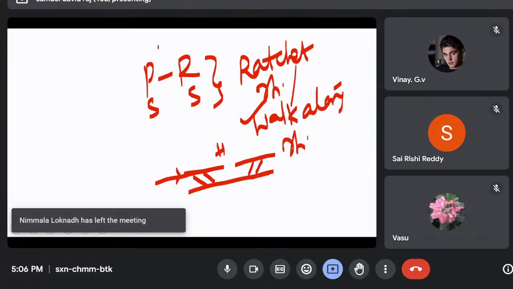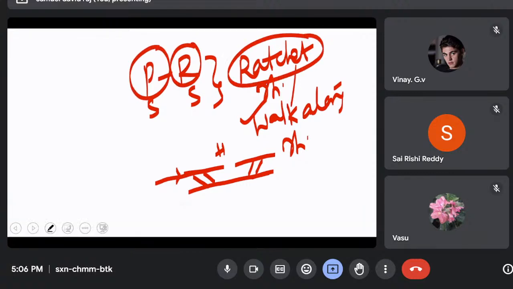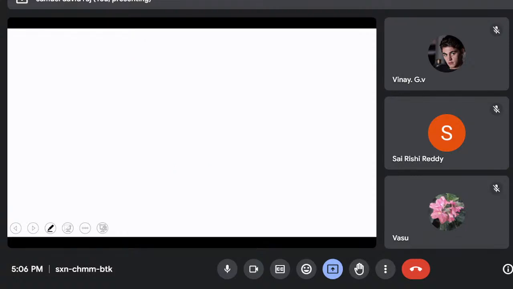How? By the repeated power and recovery strokes, which is called the ratchet action. This theory explains the sliding movement of the actin filaments over the myosin filaments.